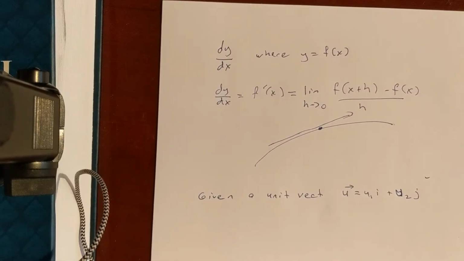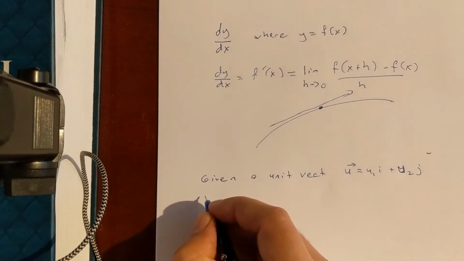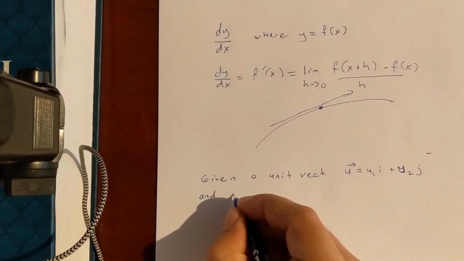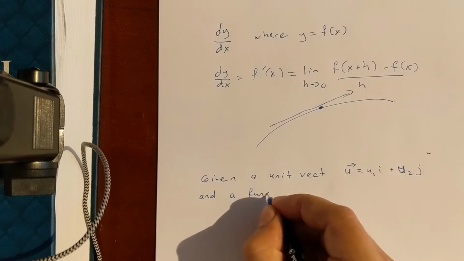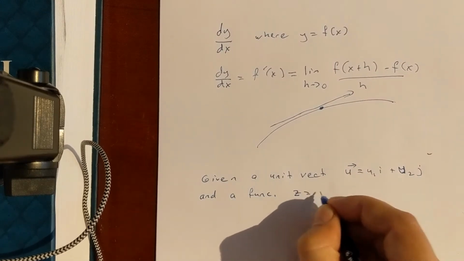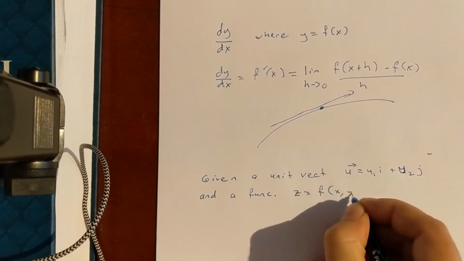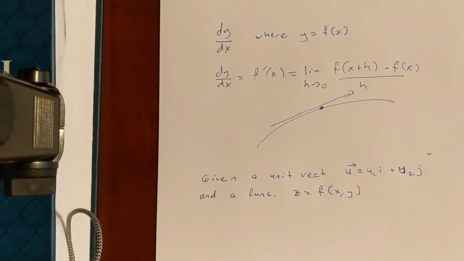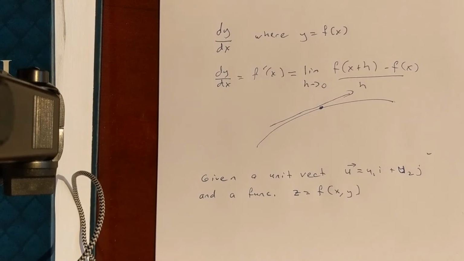We want to find a multivariable function, z equals f of x, y. It's in terms of x and y. We'll do an example in a second. So how would we define the derivative?